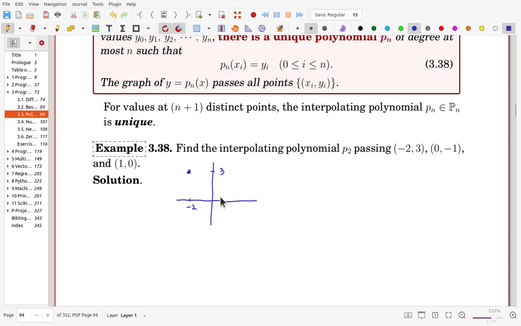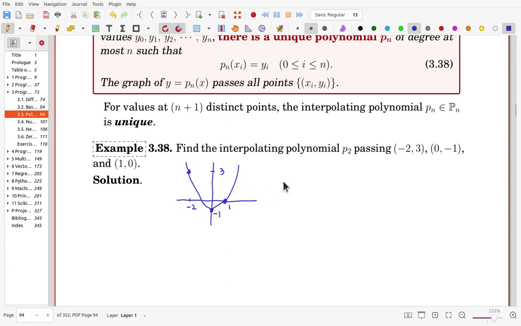And x is 0, then y is minus 1. And x is 1, y equals 0. So P2 is a parabola, and the parabola is passing through these points, so the shape of the parabola must be given in this way.